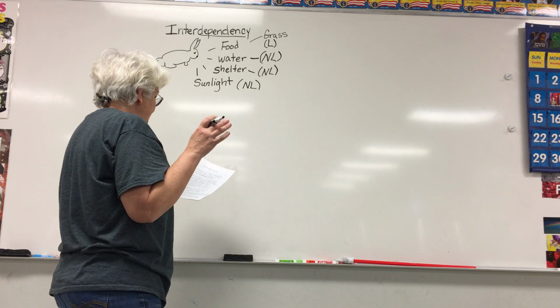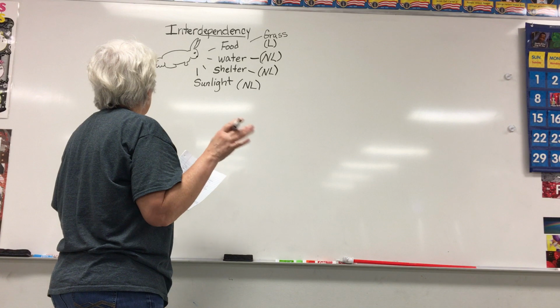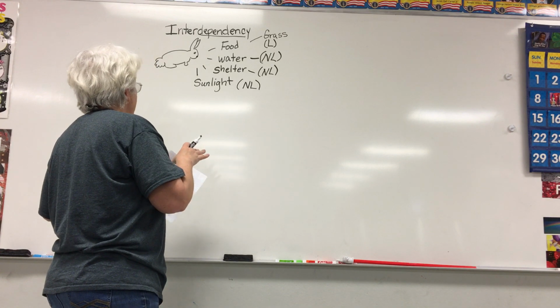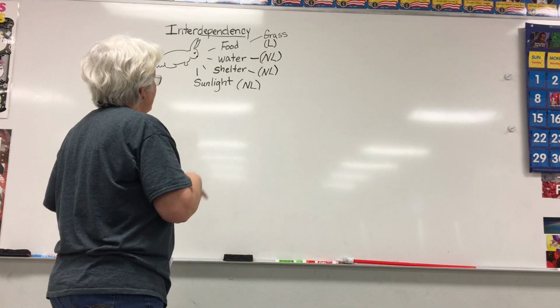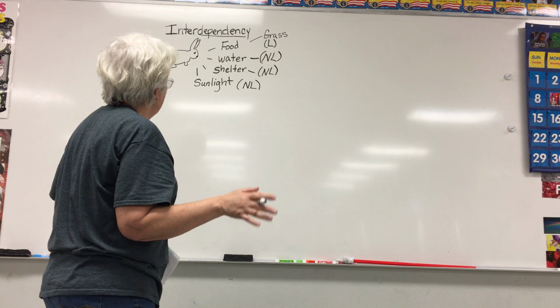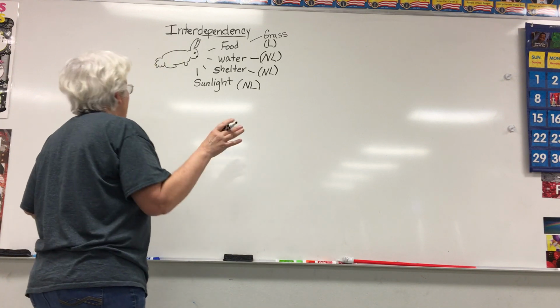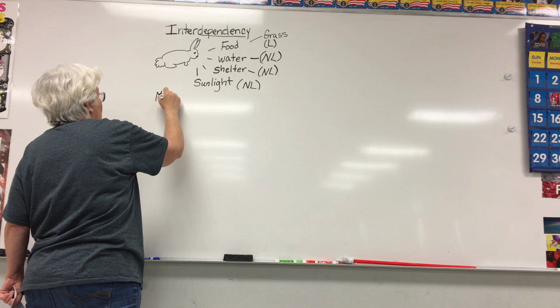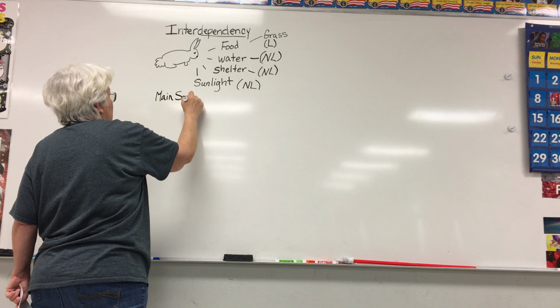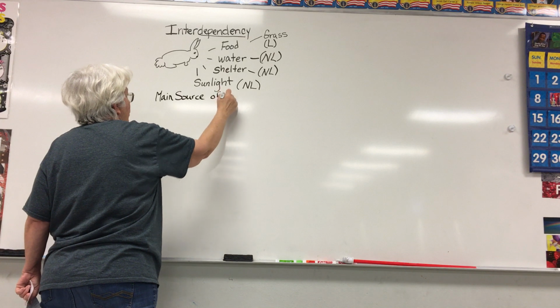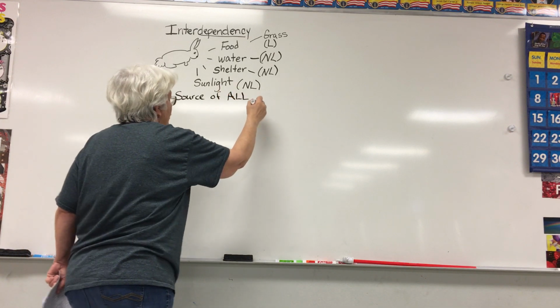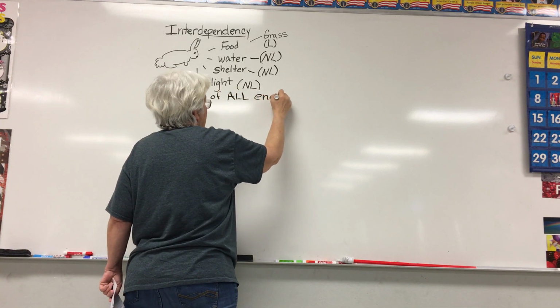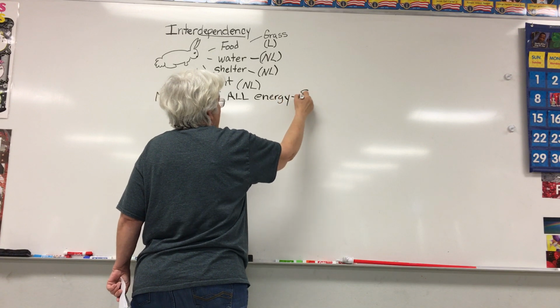Now, number one, let me set this, because I'm going to say it between this and the food chain and the food web hundreds of times. The main source of all energy is the sun.